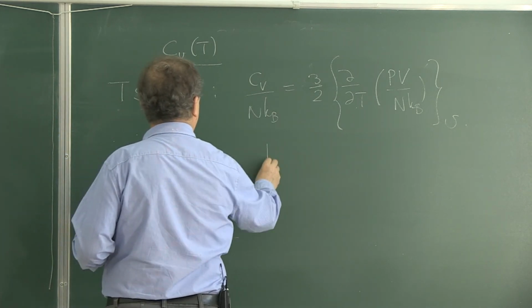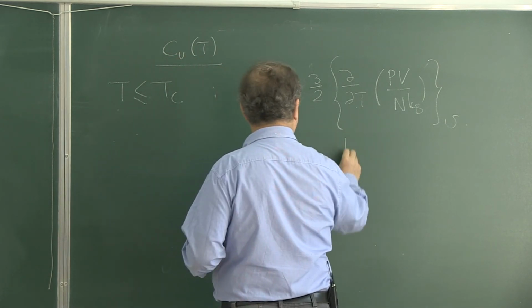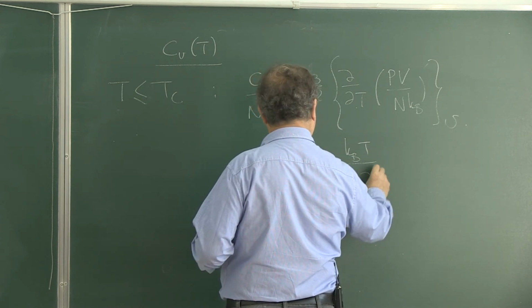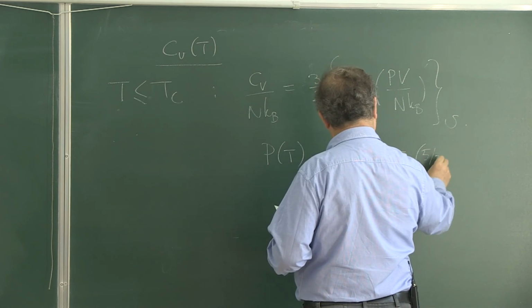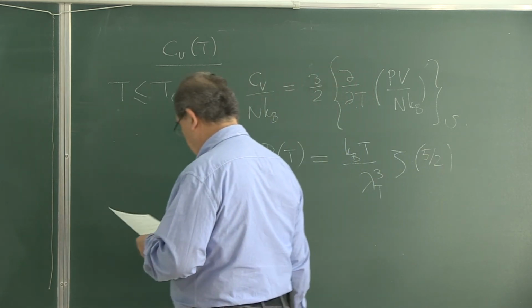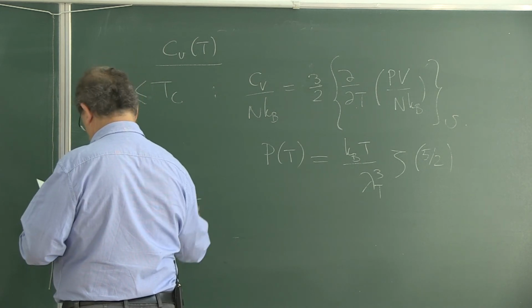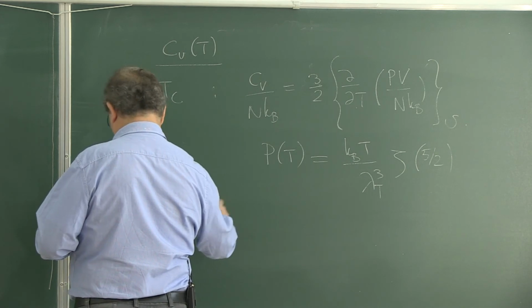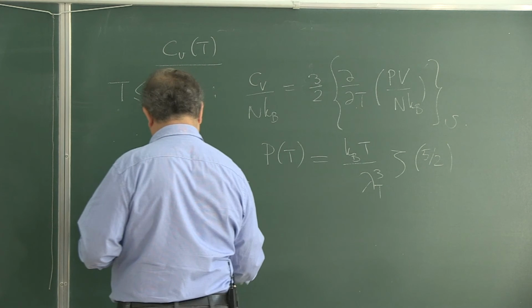For P, you can use kBT over lambda_T cubed zeta(5/2). If you do that, you find the following: 15/4 zeta(5/2) V over lambda_T cubed.